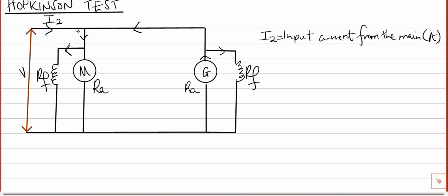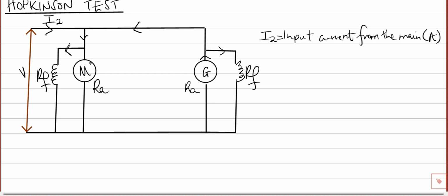Now let's deal with the current which passes through the field resistors. We have a current which passes through this RF, and another current which passes through this one. Because you have your motor armature here, when they refer to the current passing through the field, the reference starts from the motor side.